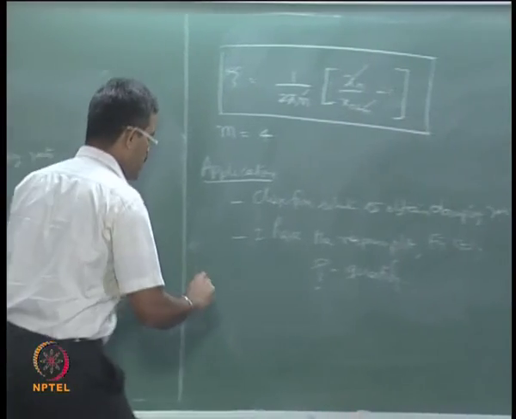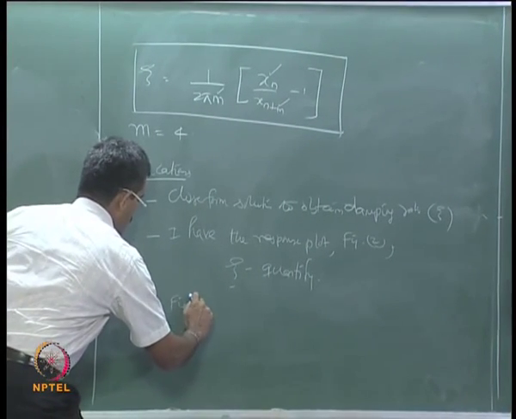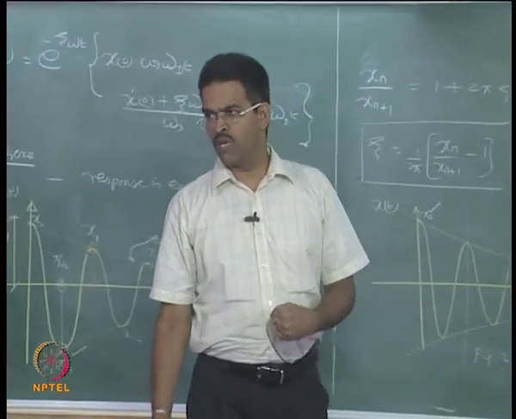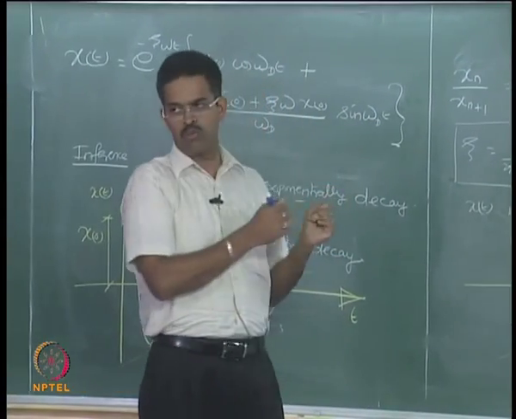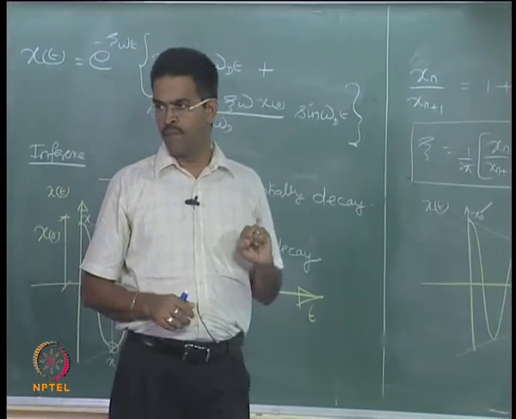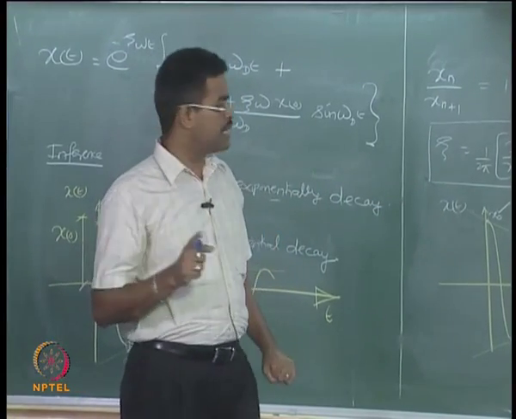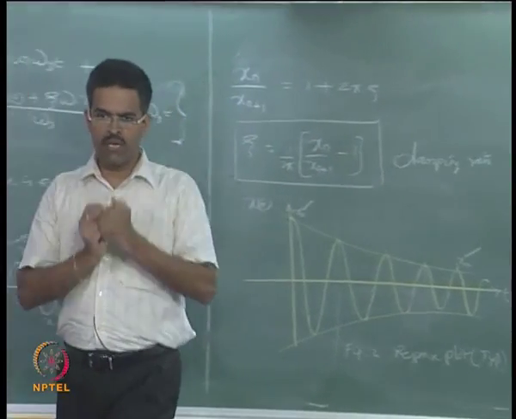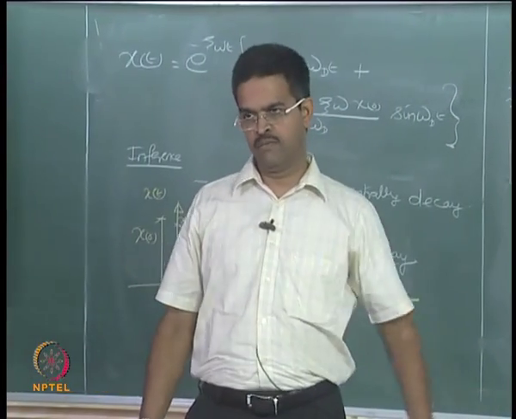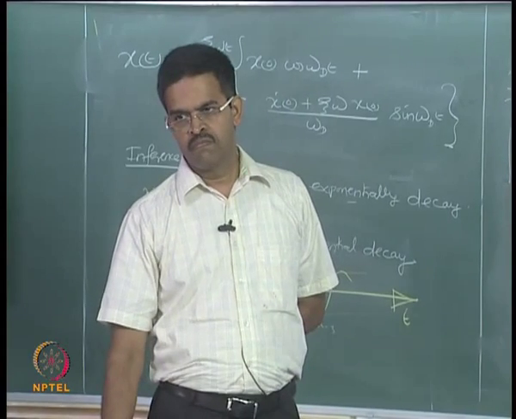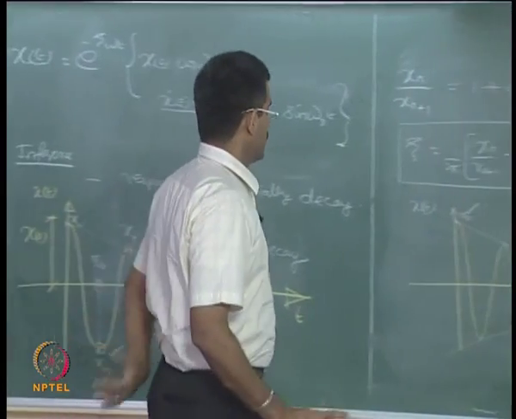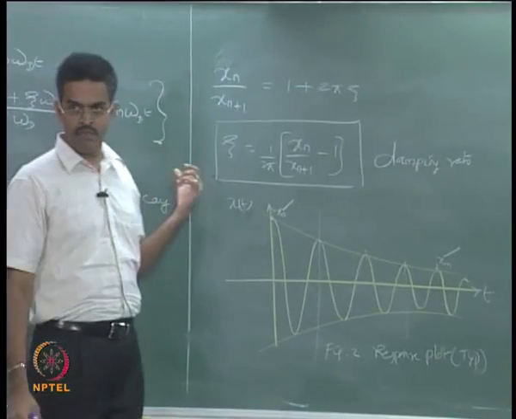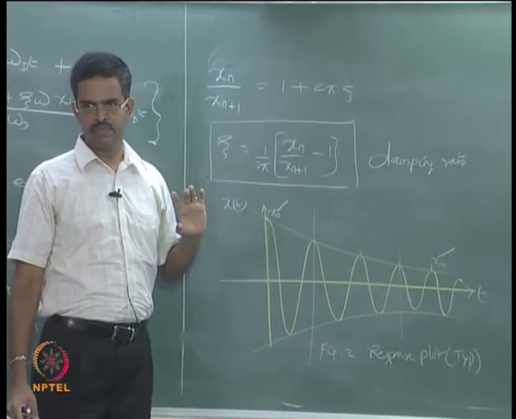Now, the question is, where will I get this figure 2? By any chance, by any magic, if I get this figure 2 directly, I can find zeta. Interestingly, my dear, this is the only way to get zeta. You will not be able to get zeta otherwise by any other technique. On the other hand, you must get x of t for a given vibration system experimentally. So, what you do?